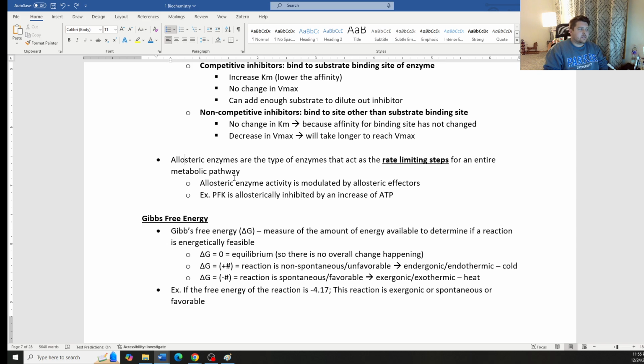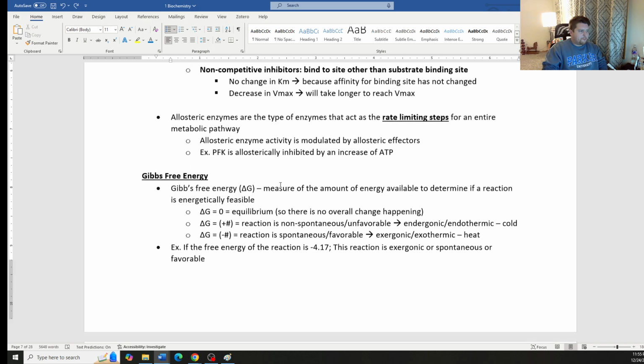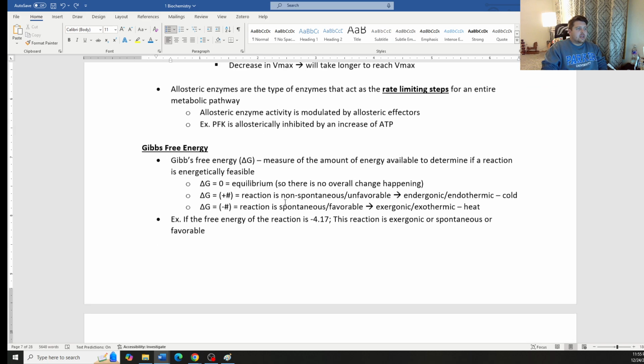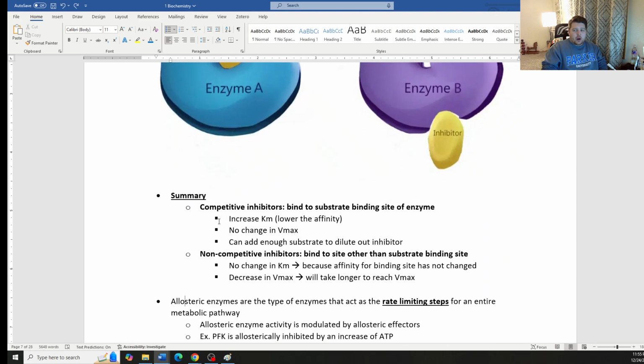And these allosteric inhibitors, chemicals that can allosterically inhibit, are going to be the ones that are our rate-limiting steps. So that actually concludes our enzyme portion.